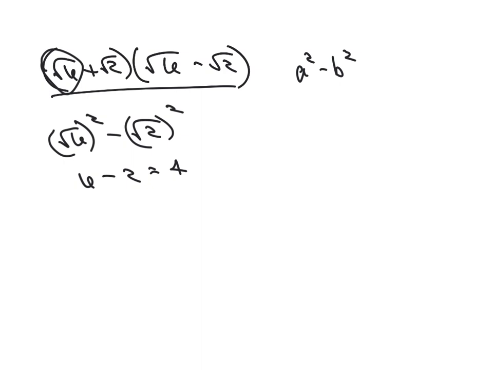One of the things I want you to be aware of when you're looking at something like this, whenever you have the same first term and the same second term, and the only difference between them is one has a plus sign and one has a minus sign, we have what we call conjugates. These are conjugates.